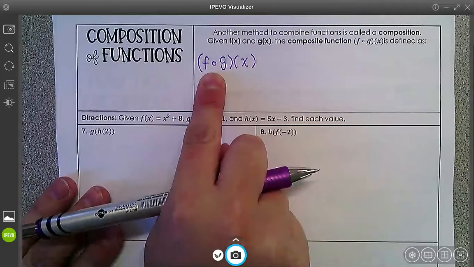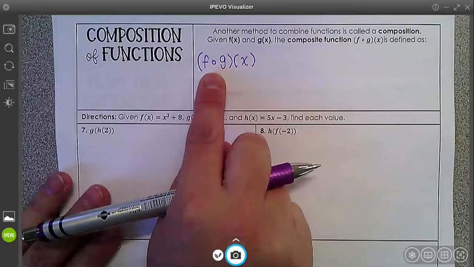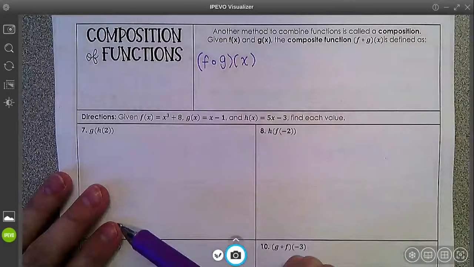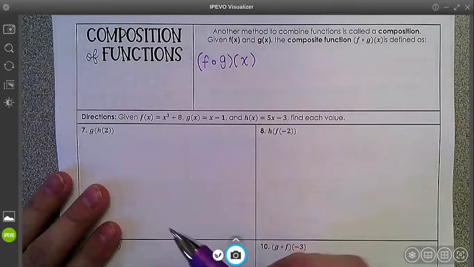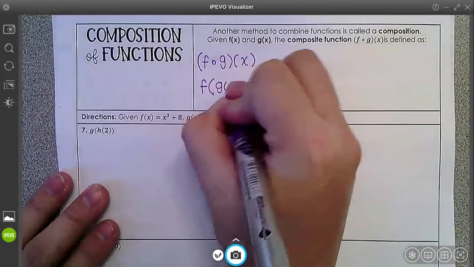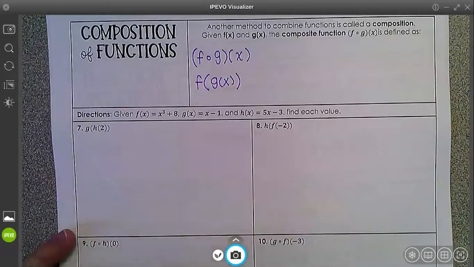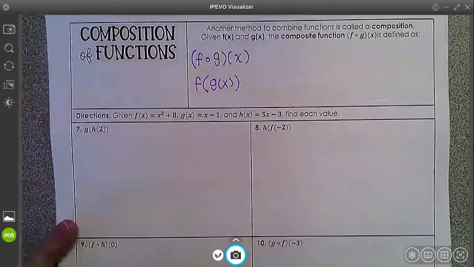The operation almost looks like multiplication, but it's an open circle. That's just a symbol that we use here. We could also write it like this. Those two mean the same thing, and I'll show you how we solve those.